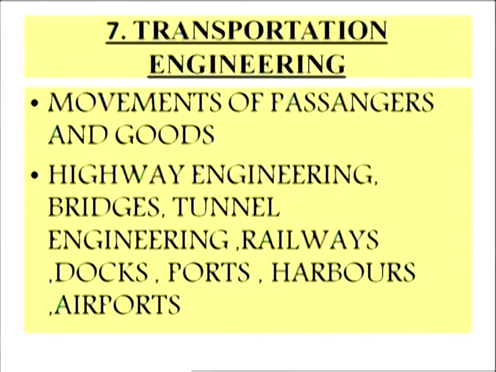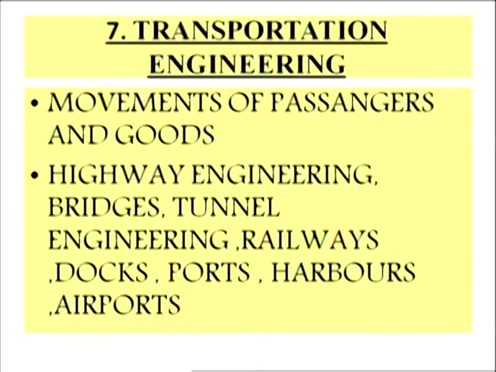Railway is also a very important means of transportation. The majority of goods traffic is conveyed by the railways. All international trade depends on docks, ports and harbors. All overseas transportation of goods is normally carried out through ports with the help of the sea route.